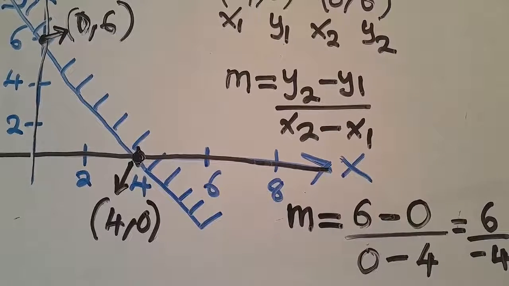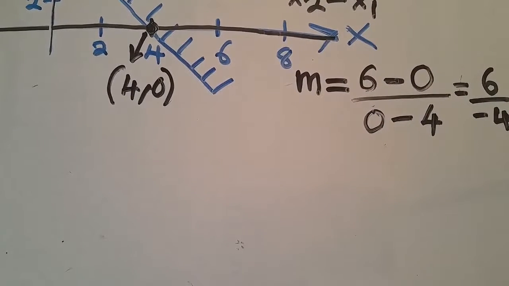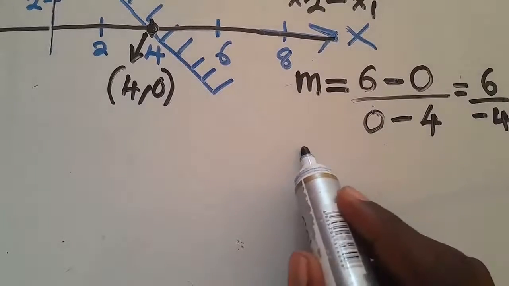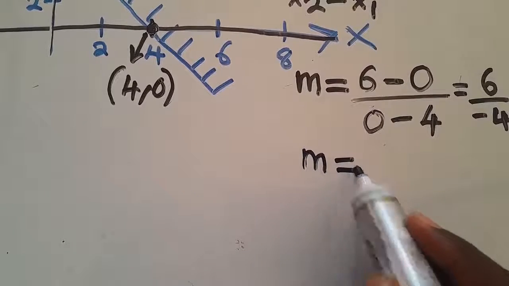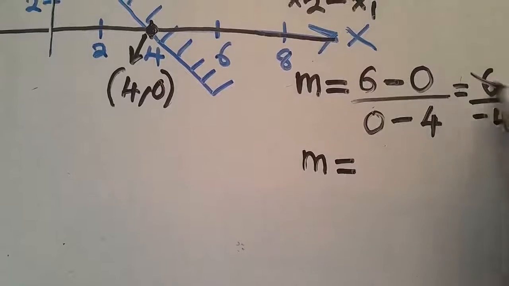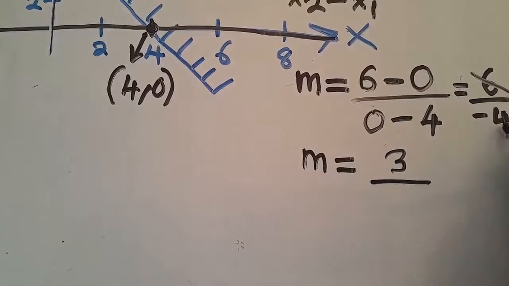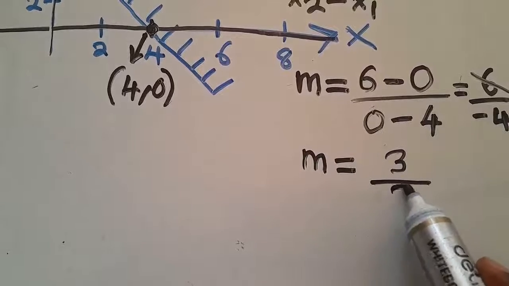So after reaching that step, gradient is now equal to what? Which number can go into 6 and 4? It is 2. 2 into 6 is 3, over 2 into 4, it is 2.